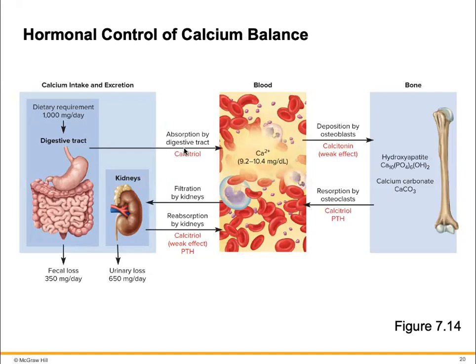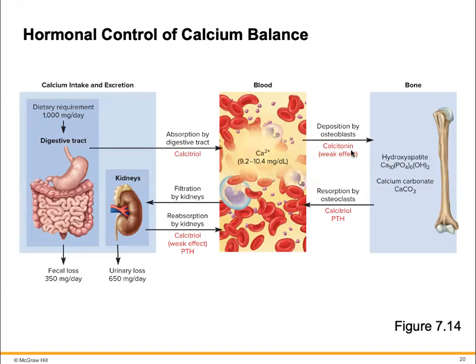So first, we absorb more calcium through our diet. And then once there is an excess of calcium in our blood, that triggers another hormone to cause bone to be deposited. So you actually are forming the bone. And there's the hydroxyapatite form, and there's the calcium carbonate form.